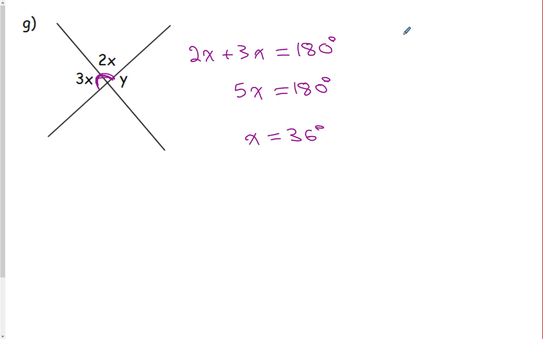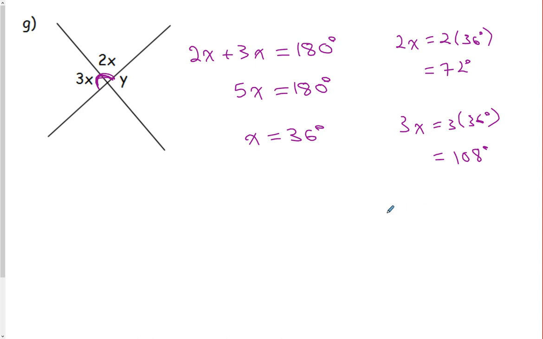So I got to go up over here and say, okay, 2x equals 2 times 36 degrees. So that's going to be equal to 72. And 3x, that's the other angle, that's 3 times 36 degrees. That's going to be 108.